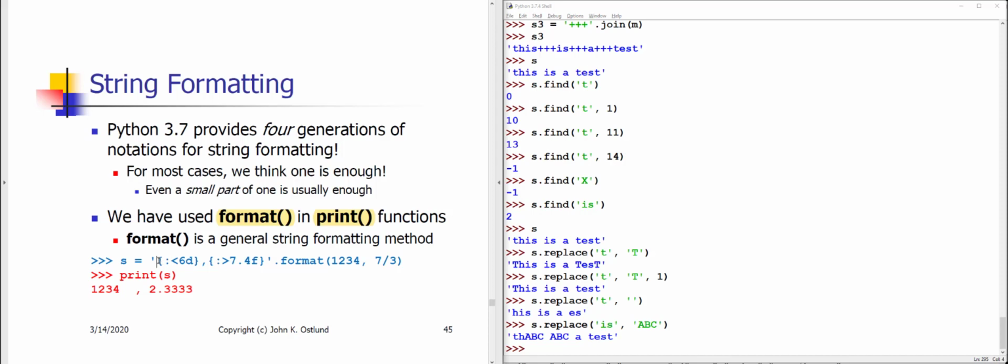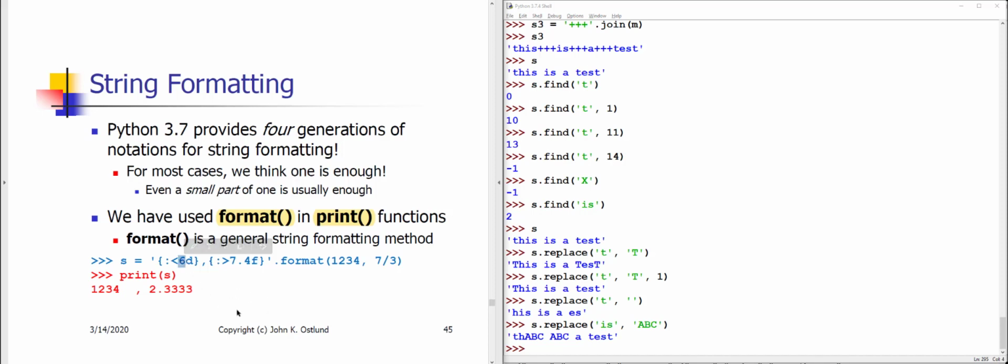All right, so we start out by saying curly brace colon, then little d indicates that we're going to just format a decimal integer, that is a base 10 integer. Little f, on the other hand, means that we're going to format a fixed point floating point number.